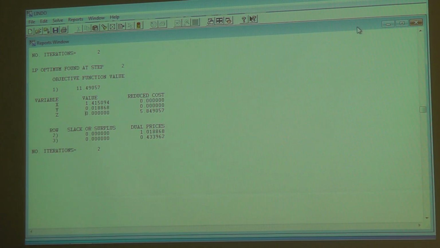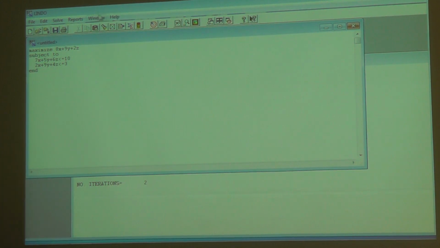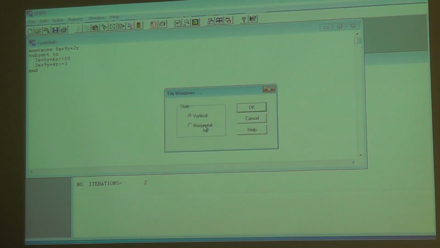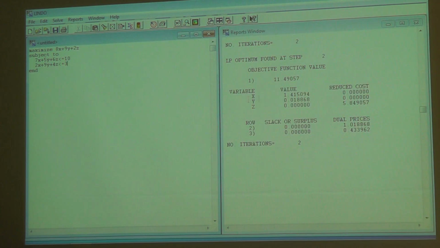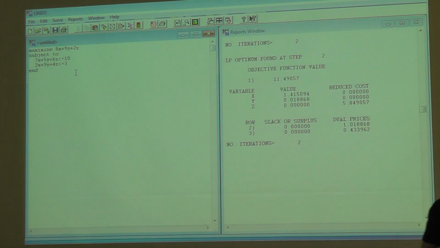Let me make some comments about the formulation of the problem itself. In this problem, it is implied that the problem is in standard form, which means all the variables which appear there, x, y, and z, are positive.